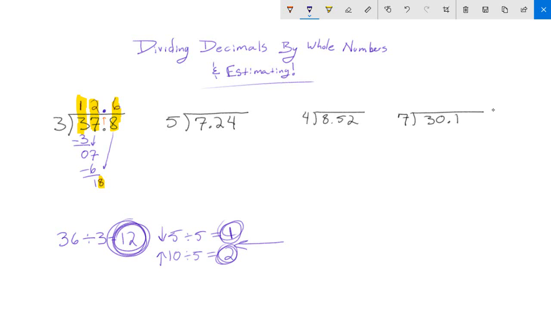So 5 goes into 7 one time. Okay, there's my 1 already, right? So that'll be 5. Subtract 2, bring down the 2. 5 goes into 22 4 times. Okay. 5 goes into 24 how many times? Say 4 again.